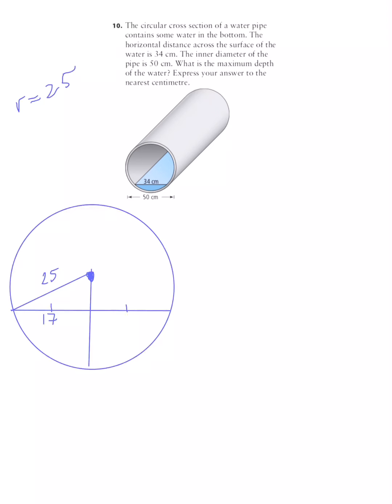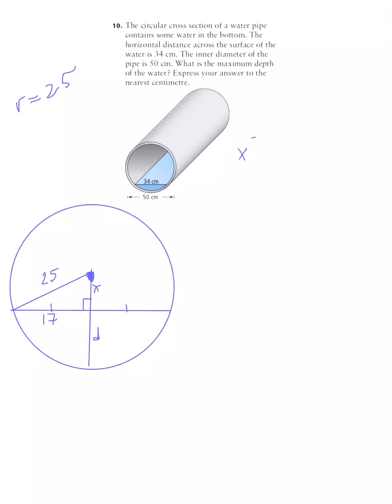Now we're so close. We're trying to find the depth of the water. So let's call it D, this distance here. Similar to the last question, before we can do that, we're going to find x, and then we're going to subtract it from the radius to get D. Okay, so we use Pythagorean, same idea.